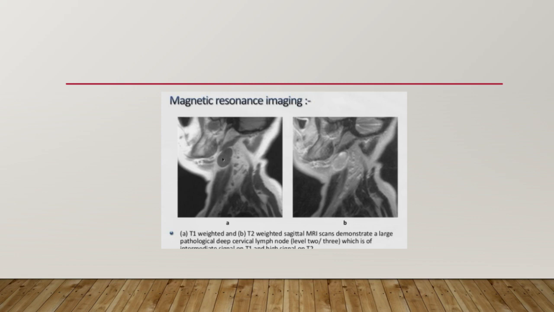In T1 the center of the lymph node is isointense to the muscles. It is of the same intensity, whereas when you come to T2, the central necrotic area is hyperintense. So this shows that this particular lymph node is a malignant lymph node.